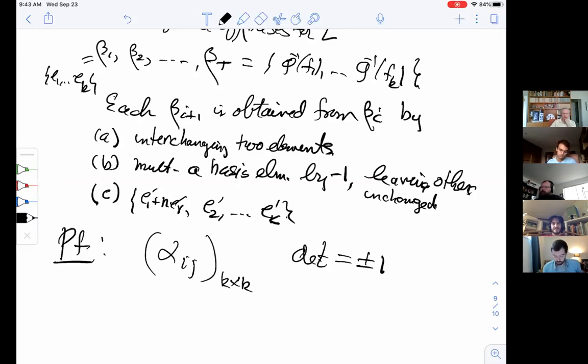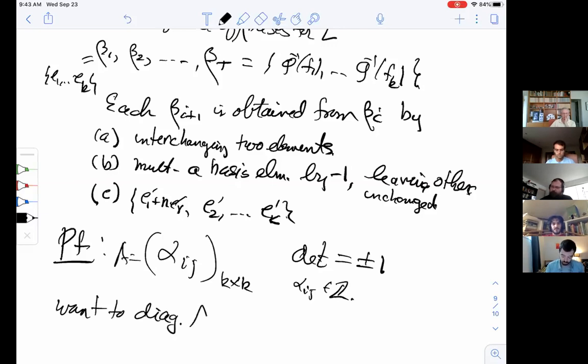It's an integer matrix, of course. And we want to diagonalize the matrix by a sequence of column operations.